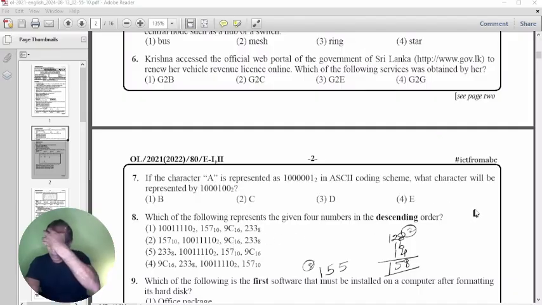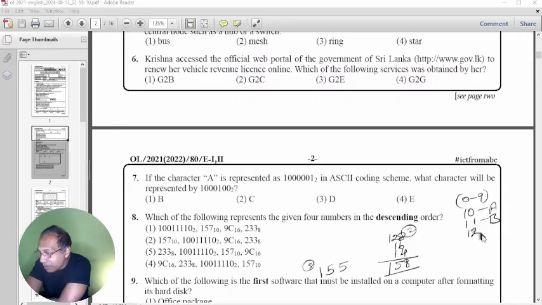To get the hexadecimal values representation, 0 to 9 is normal, and then 10 is represented by A, 11 is B, 12 is C, 13 is D, 14 is E, and 15 is F. So 9C basically means C is 12, and the 9 is at 16 to the power of 1.